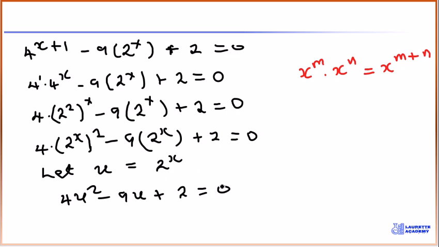This is again another quadratic equation which we can solve by factorization, and the factors will be 4u minus 1 and u minus 2, and this will be equal to 0.